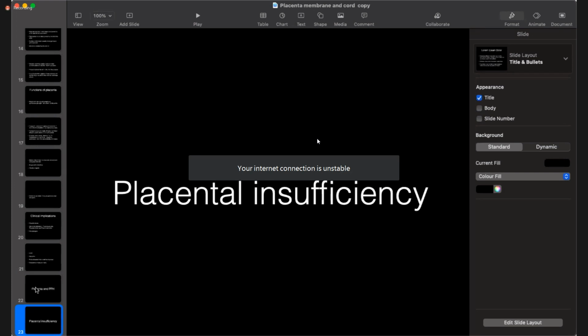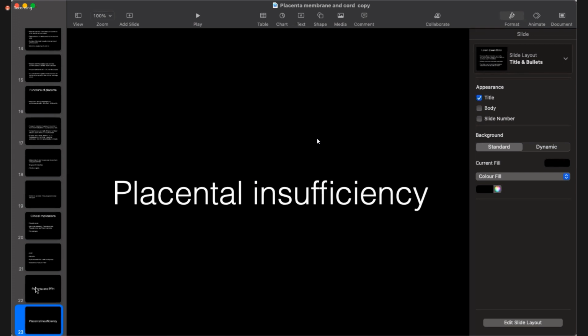Placental insufficiency is a condition in which placental tissue will not supply enough blood to the baby, and placenta will act as a high resistance system to the baby, and baby will find it difficult to extract oxygen from the mother, and invariably growth restriction will occur.